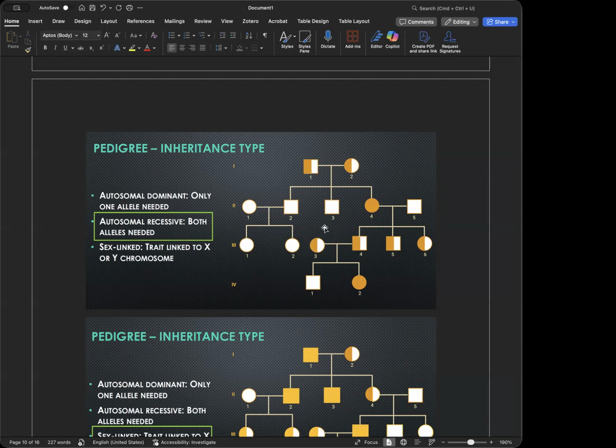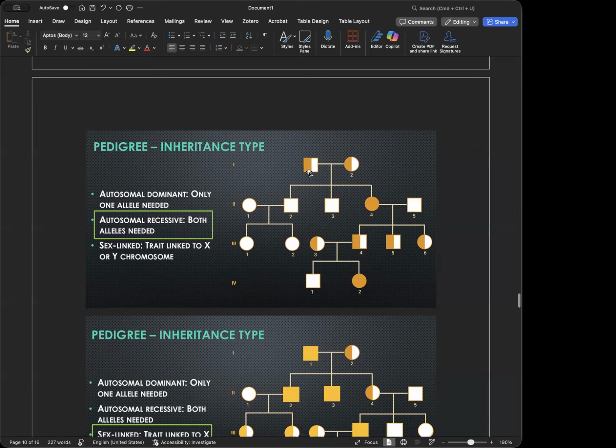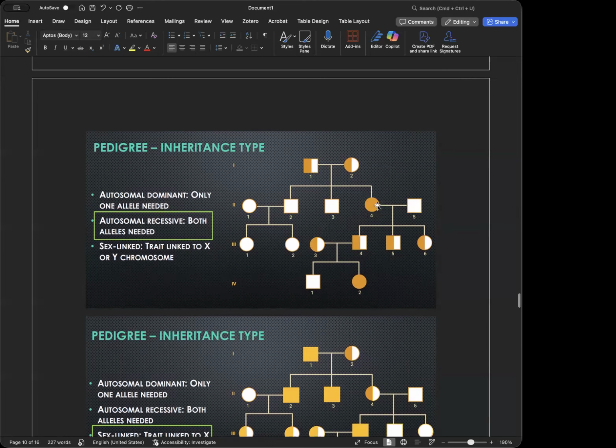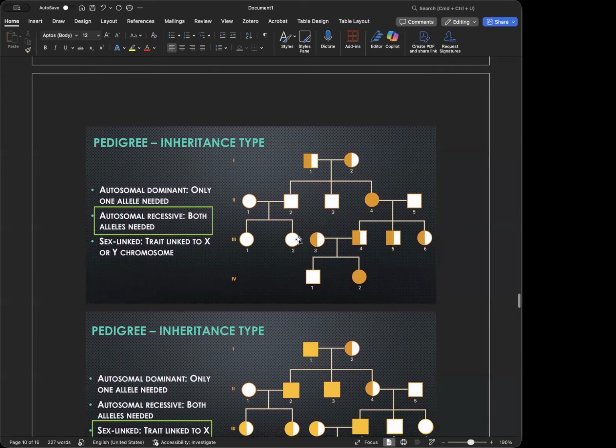So in this instance, you're seeing two carrier parents and an affected individual, but technically this disorder has skipped this generation because none of these children are actually affected by whatever this disease or character trait is. But then we're seeing this person here is affected by it.